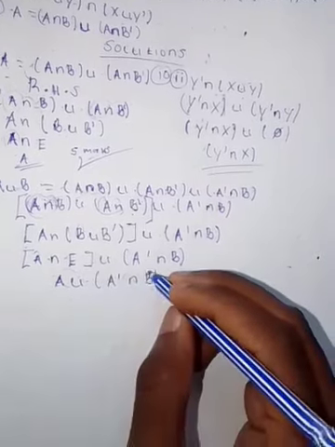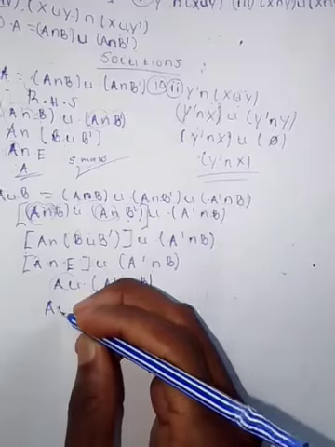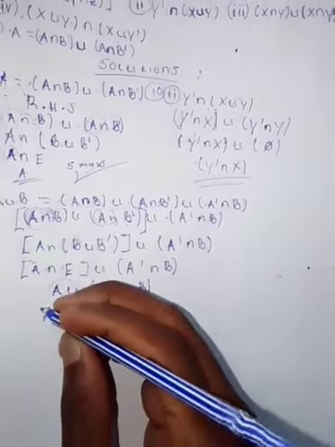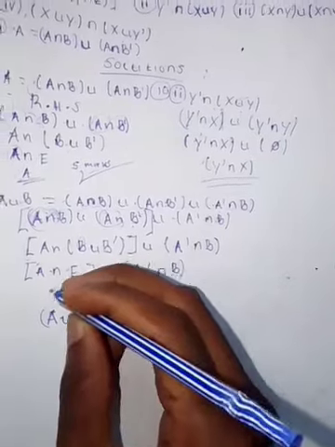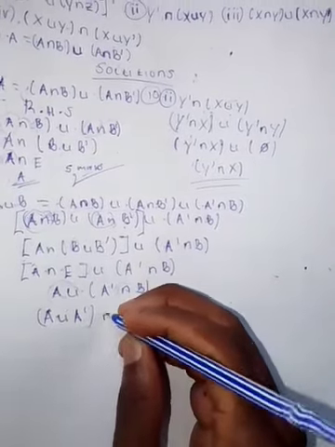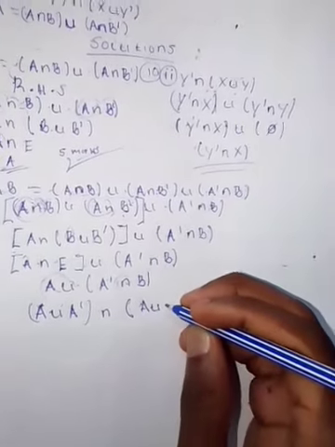So now we're going to multiply A union A complement in parentheses, then they'll be separated by A union B.